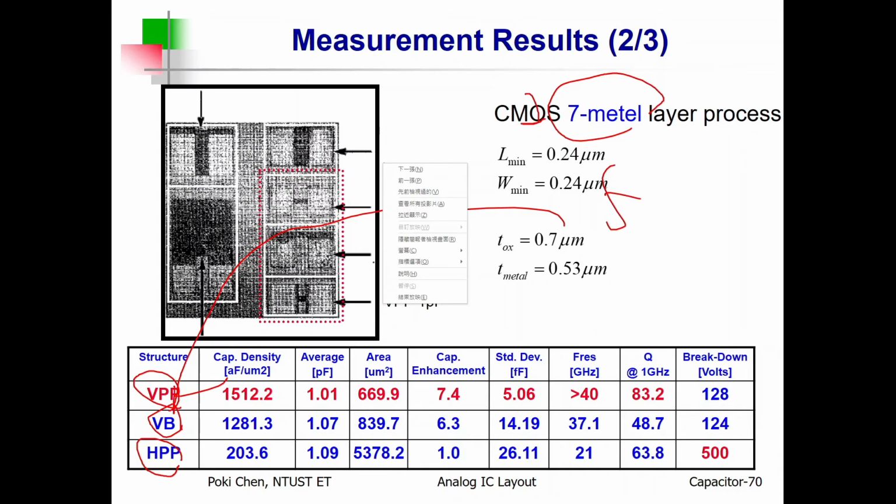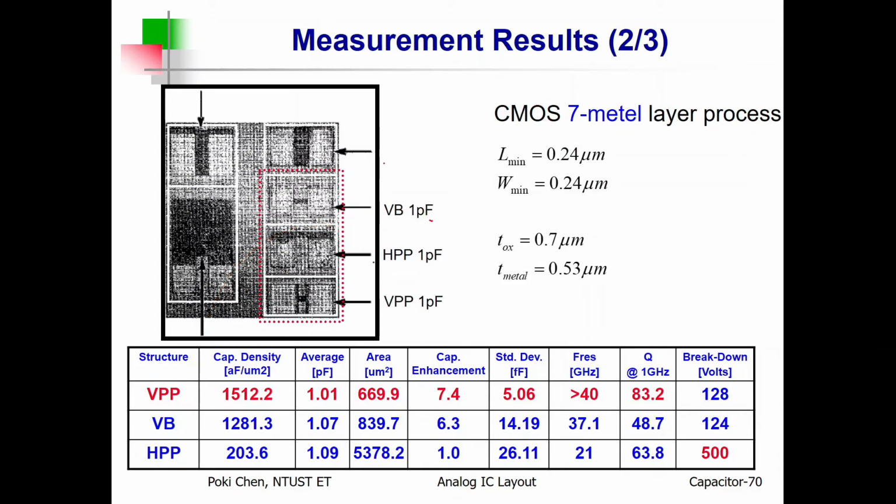And then let's have a look at the results. Those for 1 picofarad, I think large enough for many of the applications. Anyway, anyhow, you can see VPP dominates almost everything. From the capacitor density, the area smaller, the area the better, right?